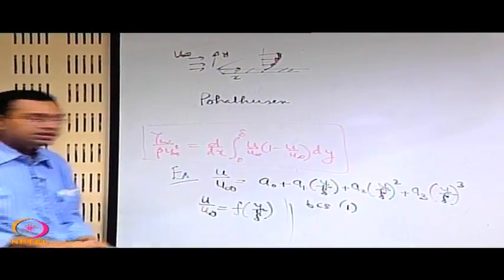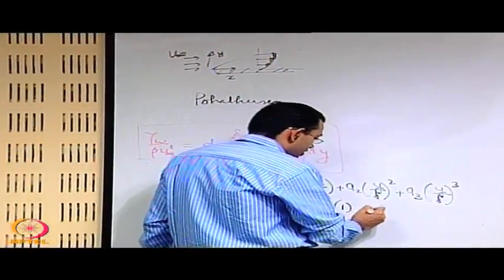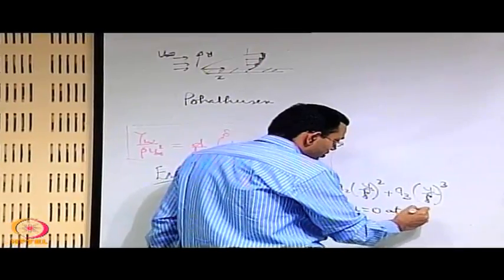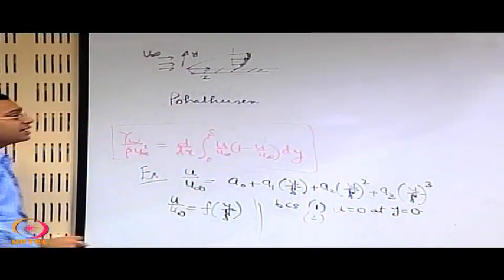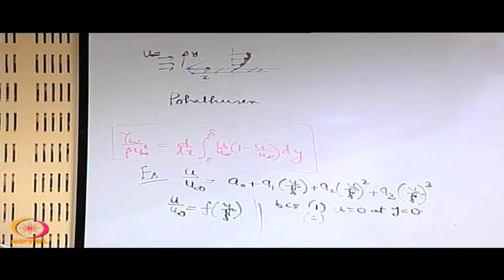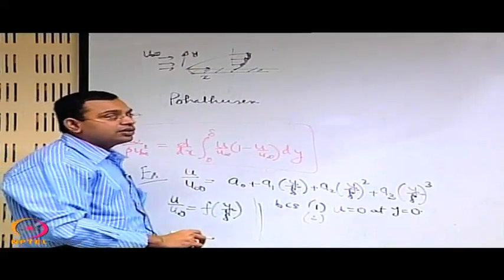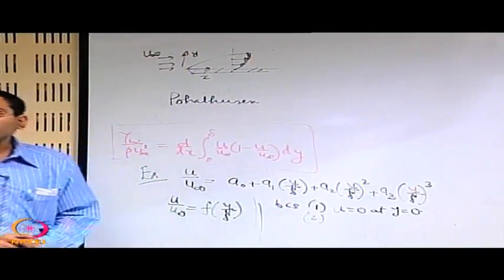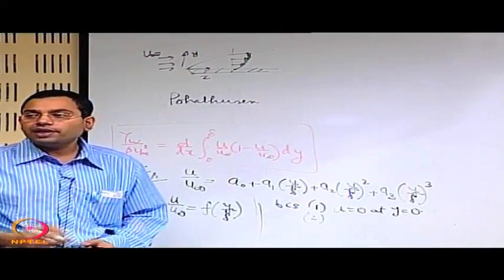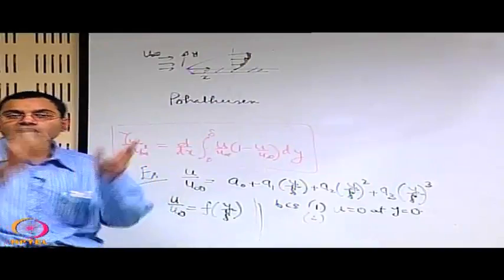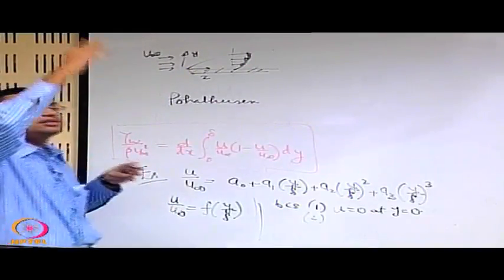No slip boundary condition at the wall. So u equal to 0 at y equal to 0. Then what happens in the outer stream? Let us say y equal to delta. Y equal to delta in an engineering sense is equivalent to y tends to infinity in a mathematical sense, because outside delta whatever happens is like the far stream.